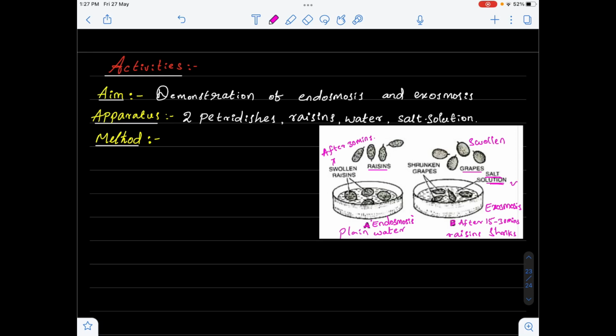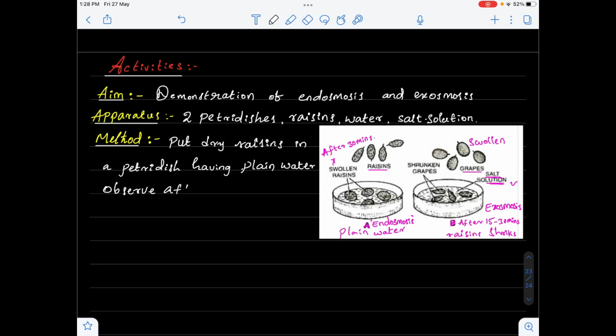Now let me write here the method and observations of this activity. Put dry raisins in a petri dish having plain water, and observe after about 30 minutes.